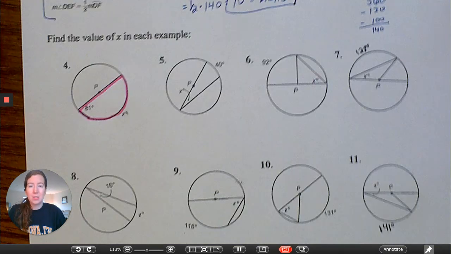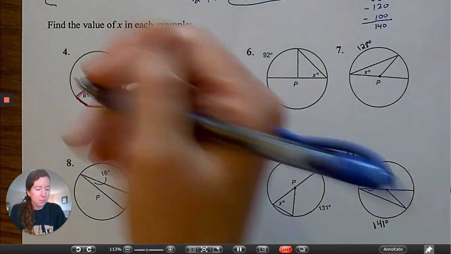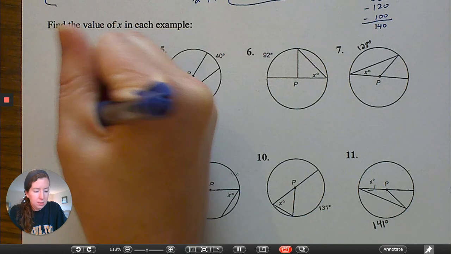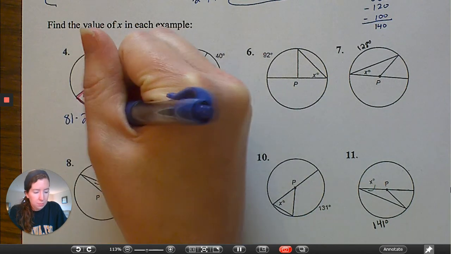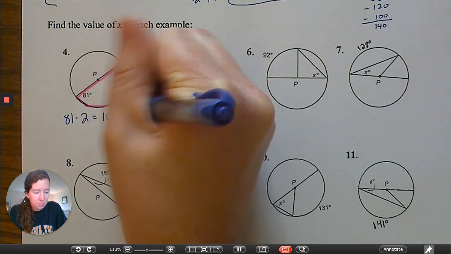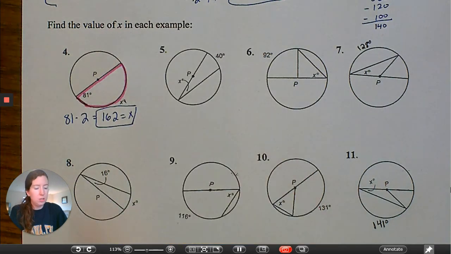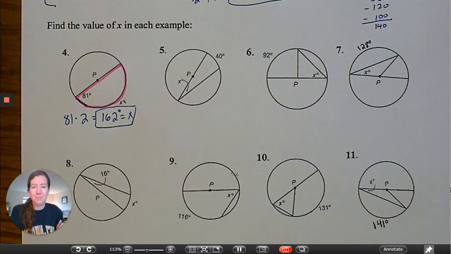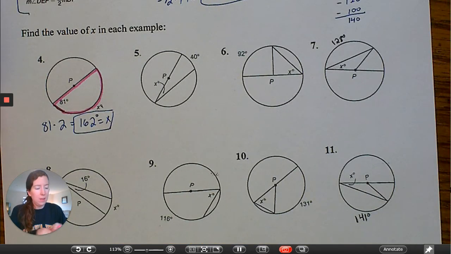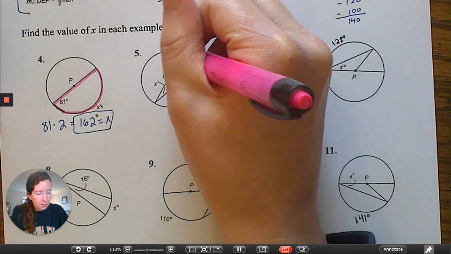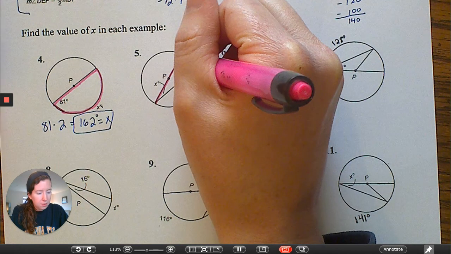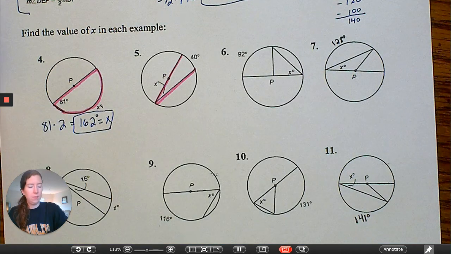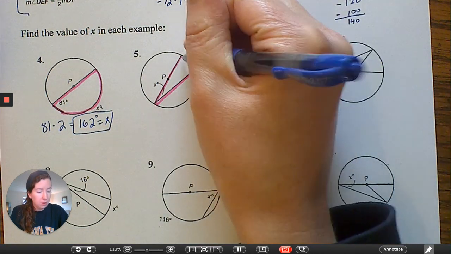And as always, show your work so you know what you're doing. So 81 times 2 is 162. So that's x. Degrees. Don't forget degrees. In number 5, we've got an inscribed angle right here. 40 is the measure of the arc.